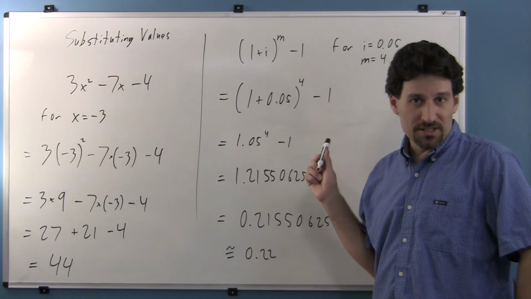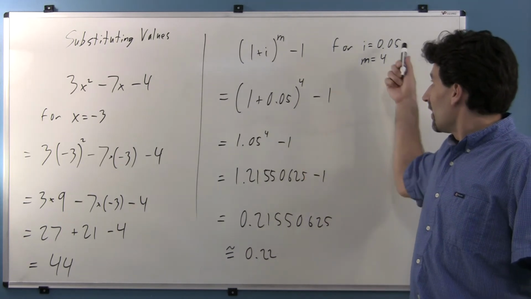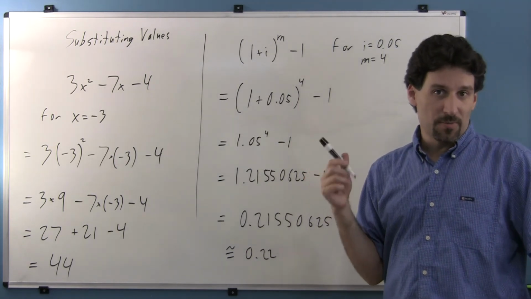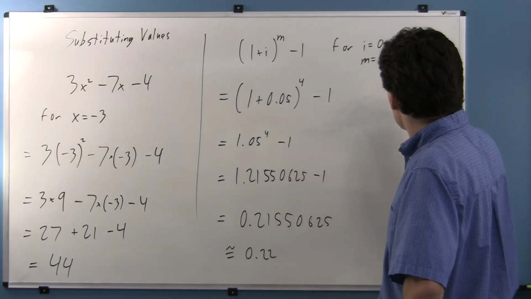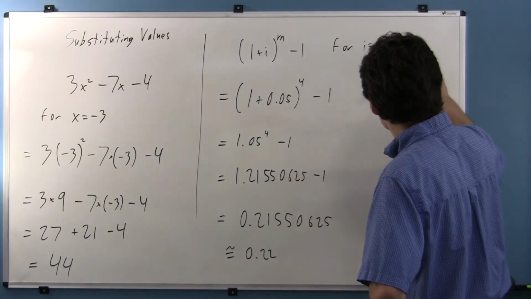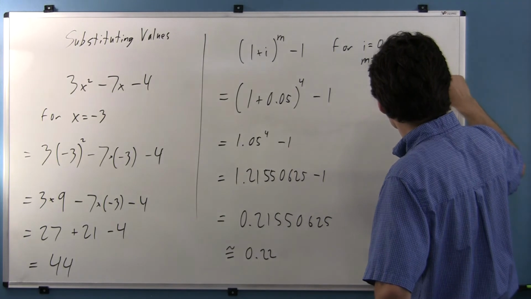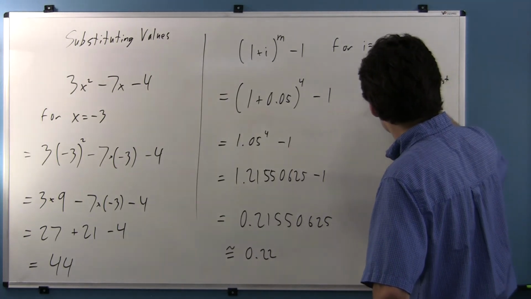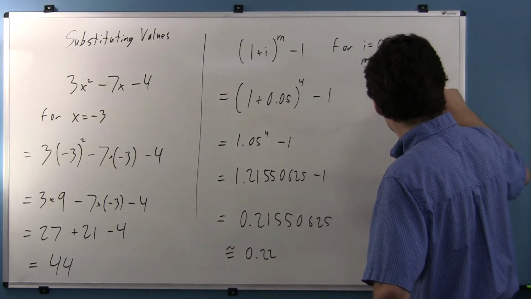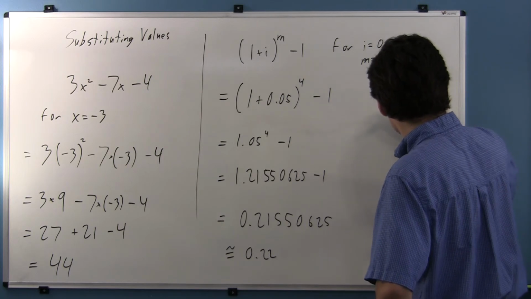For interest's sake, what does it mean? Remember how decimals can also be percentages? This is 5% interest compounded 4 times.